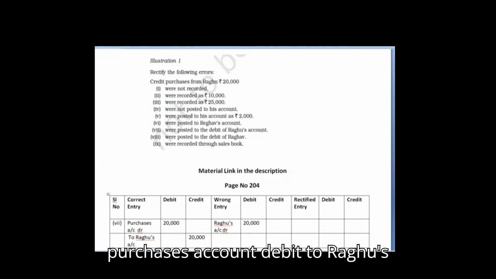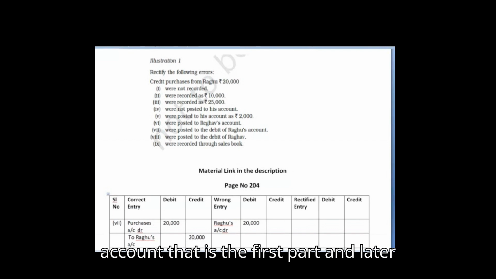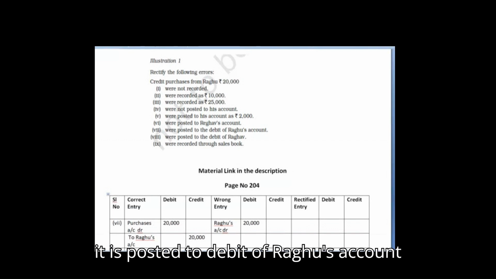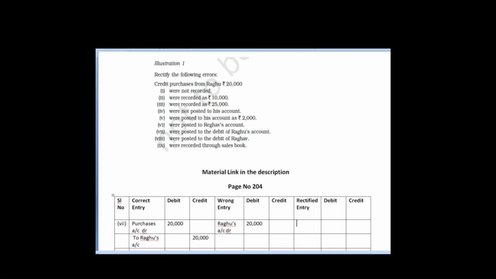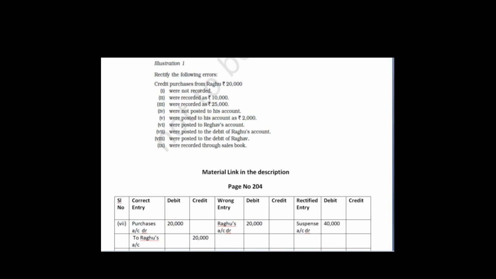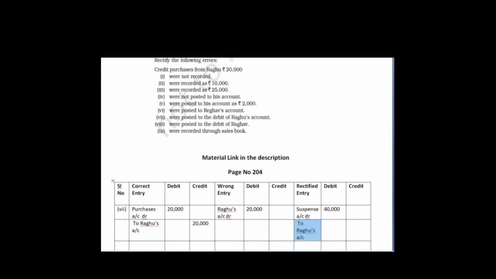Seventh transaction, credit purchase from Raghu 20,000 were posted to the debit of Raghu's account. So here purchases account debit to Raghu's account, that is the first part, and later it is posted to debit of Raghu's account. So Raghu's account debit 20,000. Now we need to rectify this entry. So suspense account debit 40,000 to Raghu's account 40,000.